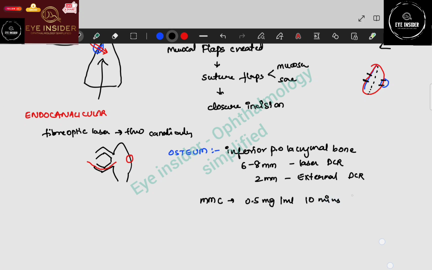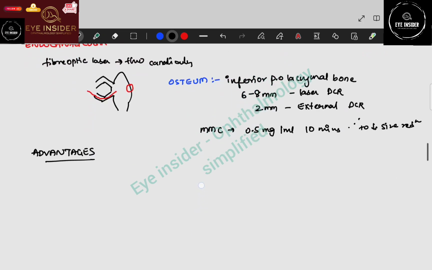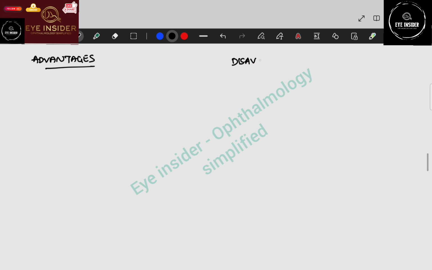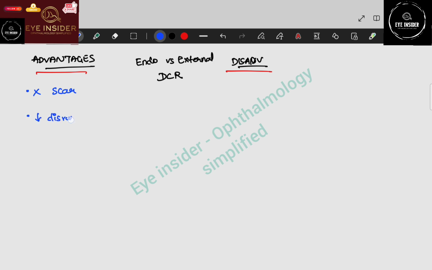Now coming to the advantages versus disadvantages of endonasal versus external DCR. The advantage is that there is no scar and there is less disruption of the medial canthal ligament and the lacrimal pump, and the operative time is less, and there is less bleeding, early recovery of the patient, and there can be a simultaneous treatment of the nasal pathology also if it is present.